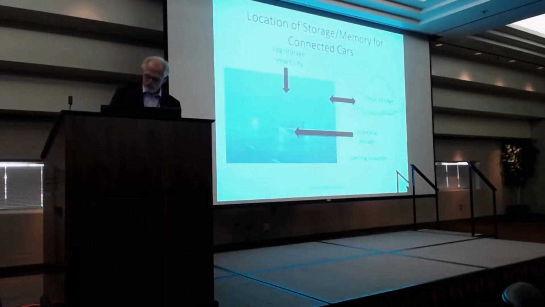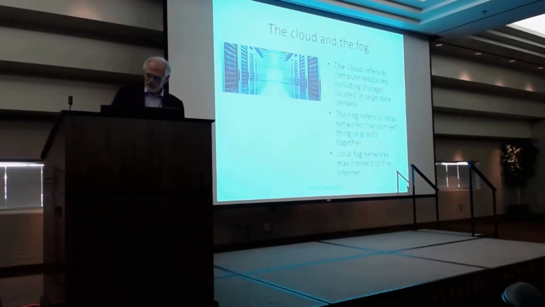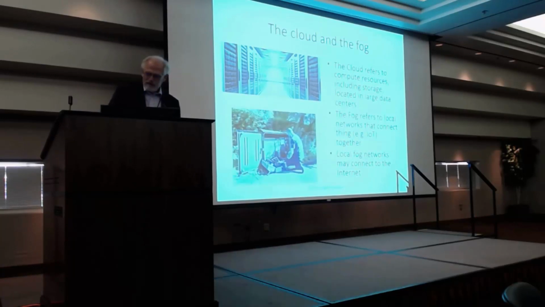In fact, here's another slide here on the cloud. The cloud is data centers, right? Racks and racks, a controlled environment. You're trying to keep things from getting too hot. And so that's big computing resources, storage, racks of GPUs, and servers and various things.